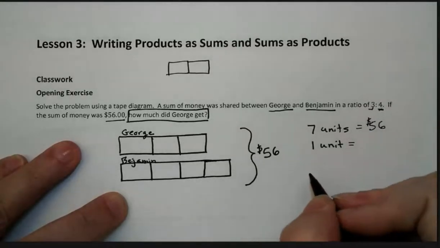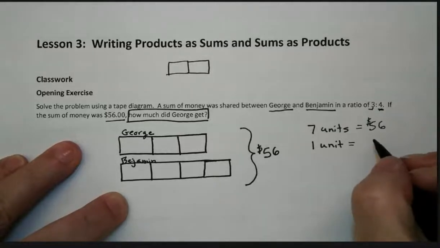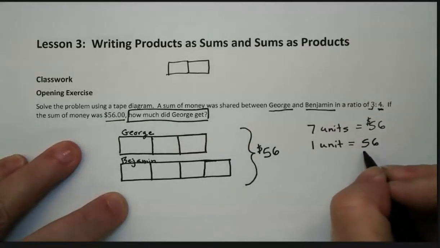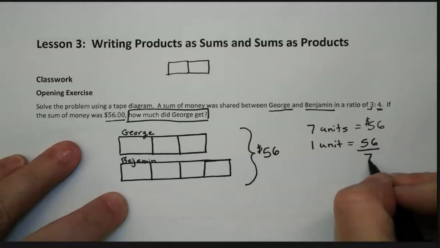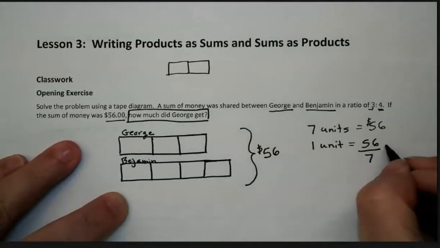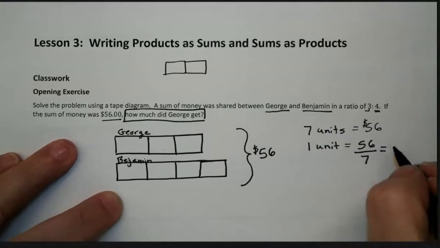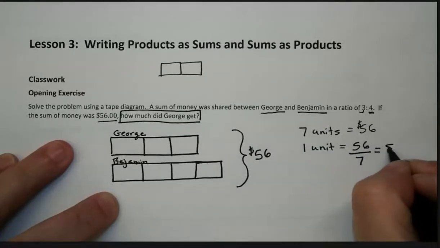So I'm going to figure that out with division. I'm going to take my 56. I'm going to divide it by the 7 units that we have total. And we will discover 56 divided by 7 is 8.